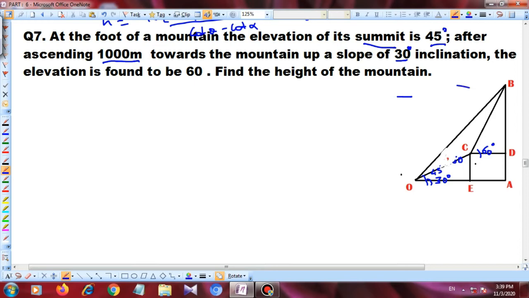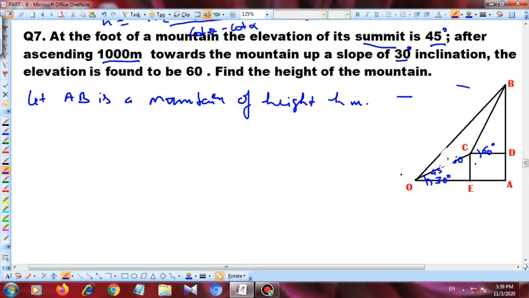Let AB be a mountain of height H meter. In right angle triangle OAB, tan 45 degree equal to AB upon OA.